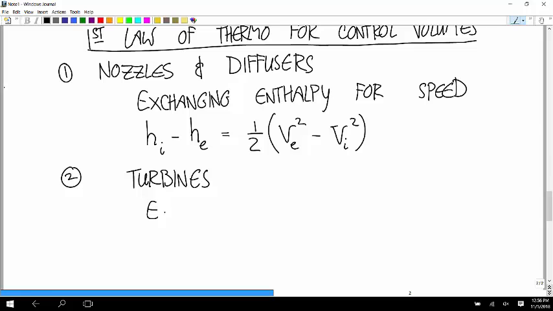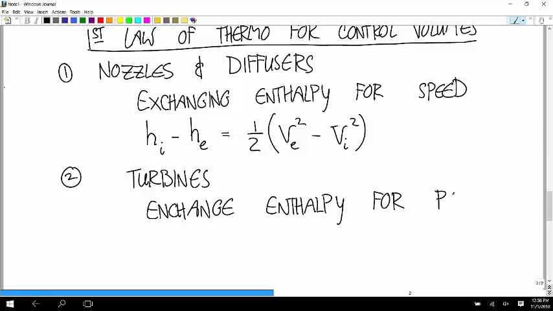And so the idea of a turbine is that you exchange enthalpy for, it's really power, I guess, because it's on a per time basis.